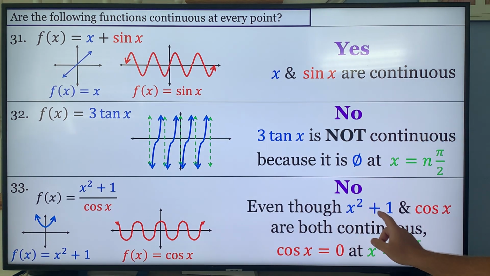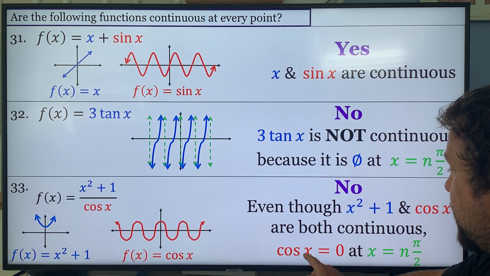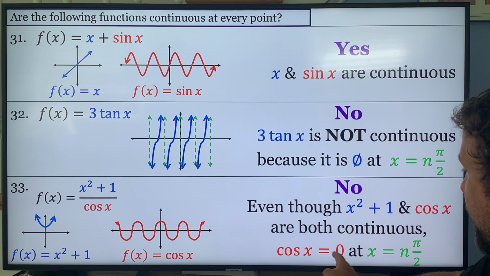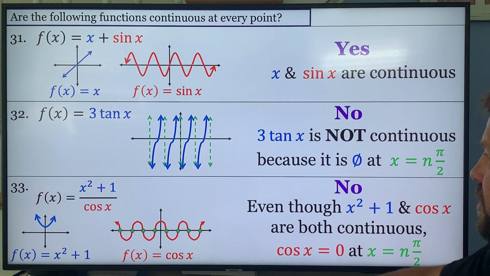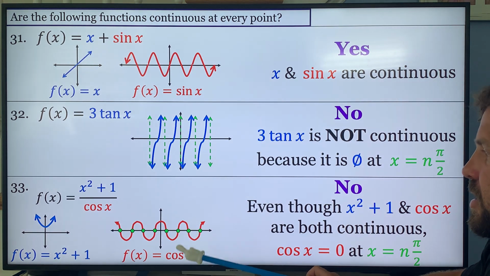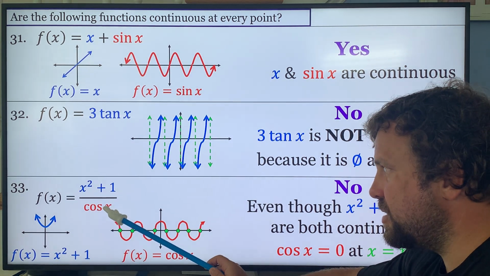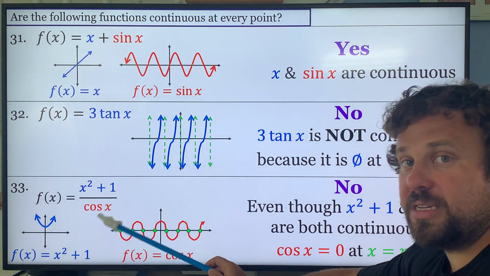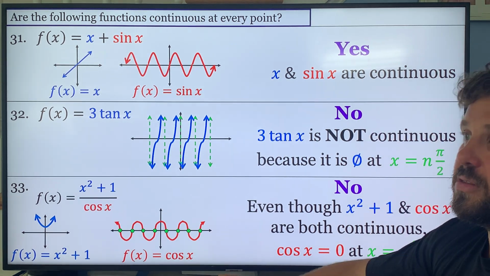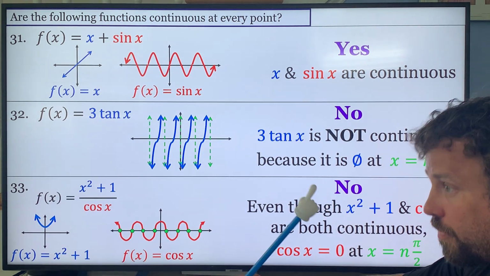Even though x squared plus 1 and cosine x are both continuous, cosine x equals 0 at n pi over 2. See all these dots? Every pi over 2 times a number, the graph passes through 0. Anytime cosine x equals 0, anything divided by 0 is undefined. So then it would not be continuous. Okay? Got it?